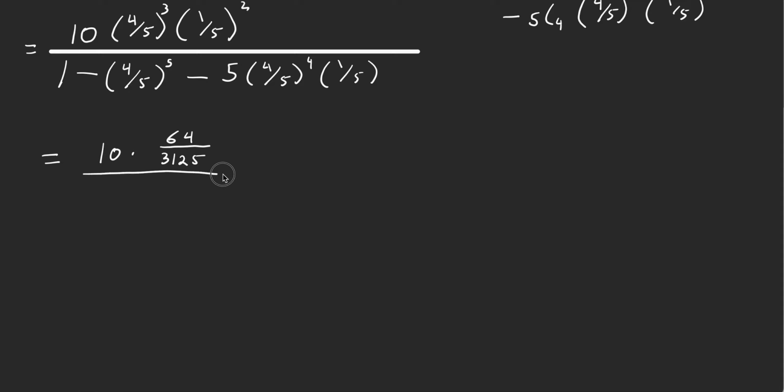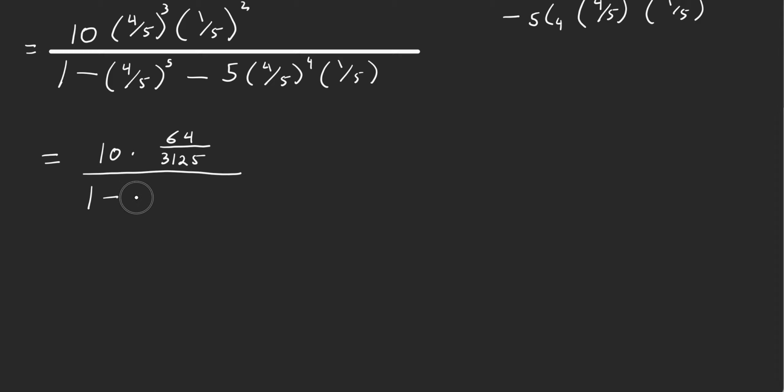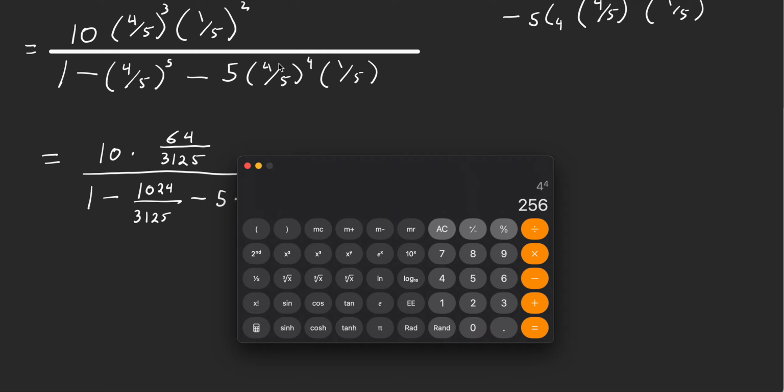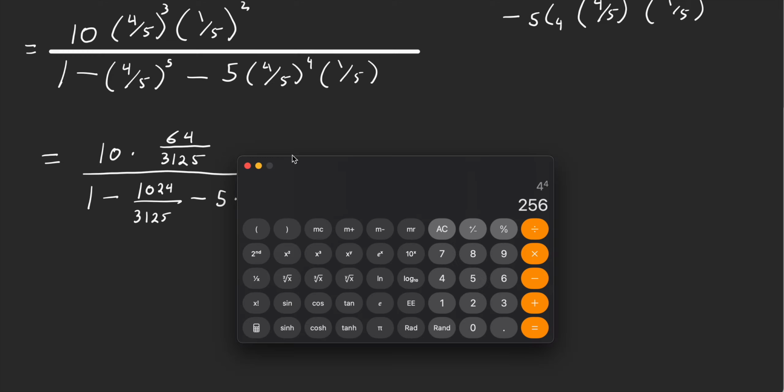Yep. 1 minus, what was 4 to the 5th? 1024, over 3125, minus 5 times 4 to the 4th, 256, divided by 3125. Okay, so let's find that.